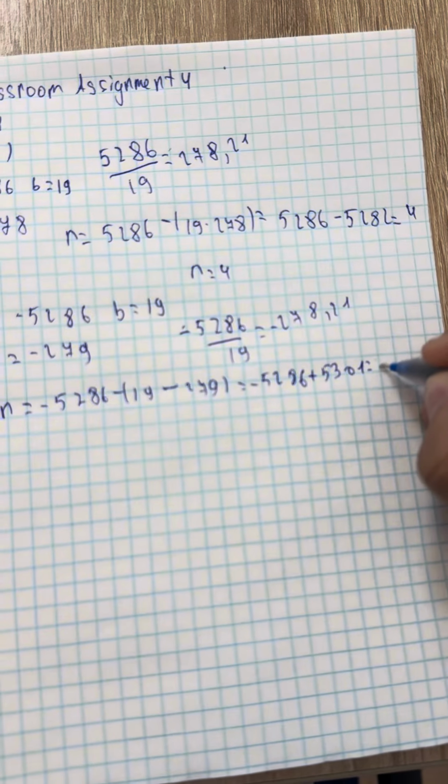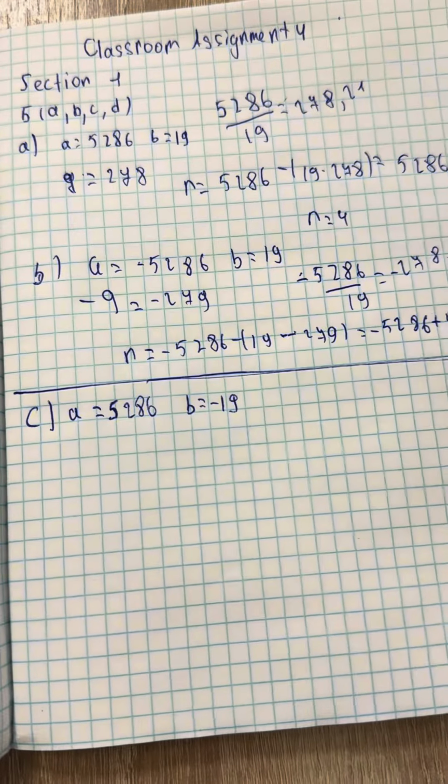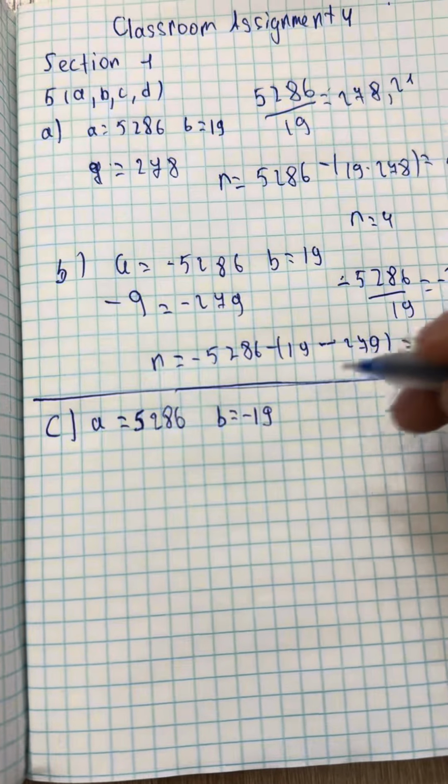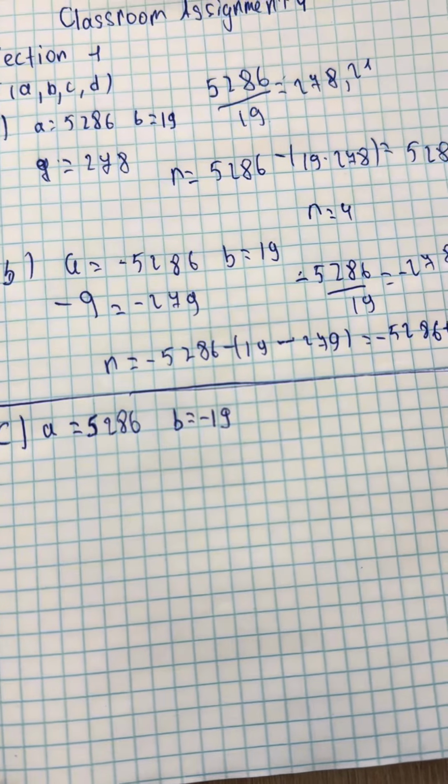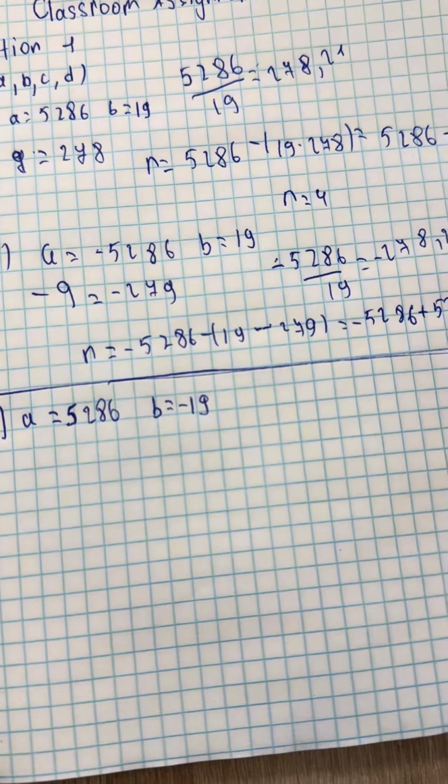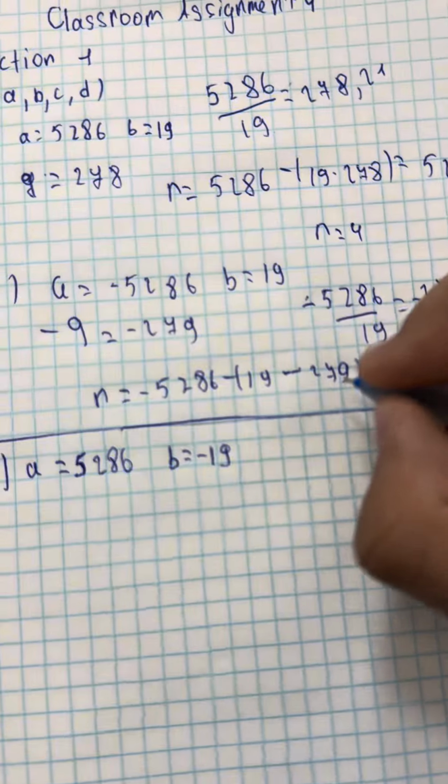In this case, the divisor B is negative. We divide as usual to get negative 278.21.